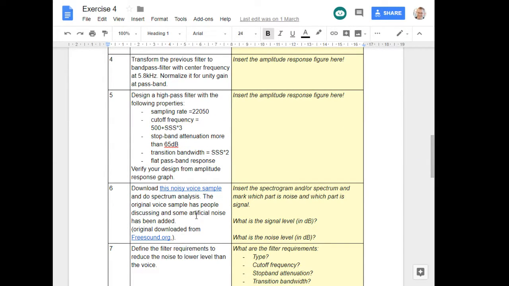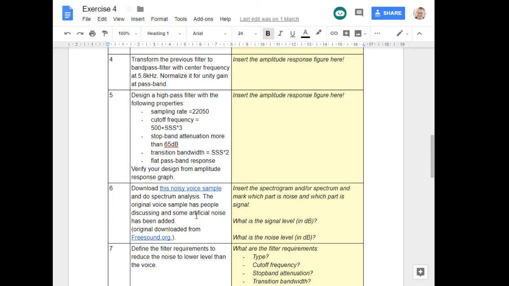For transforming the filter, a transfer from the previous filter with a center frequency. So it's modulating the previous filter to be a bandpass filter. Then design a high pass filter.